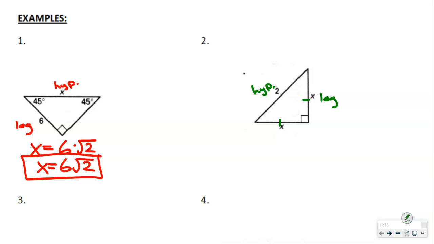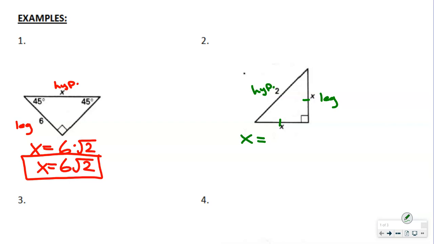So now this time though, x, we're trying to find the leg. The first example, we're trying to find the hypotenuse. We just multiply whatever the leg is by the square root of 2. This time, we know the hypotenuse is 2, but we don't know the leg.